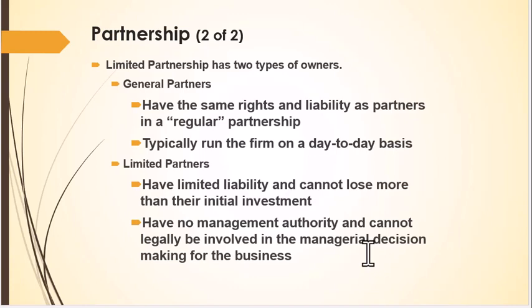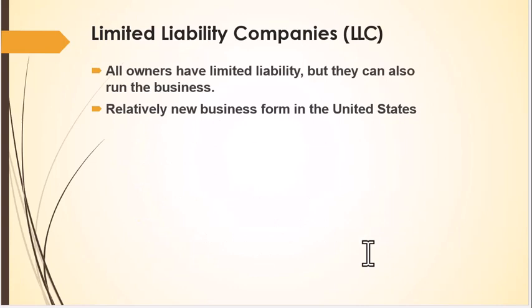So there are actually timeline limits for how much time a limited partner can be present in the business and still maintain their limited liability. Now, there are limited liability companies where these basically look like limited partnerships, but these owners can also run the business. So again, it is a variation of a limited partnership.